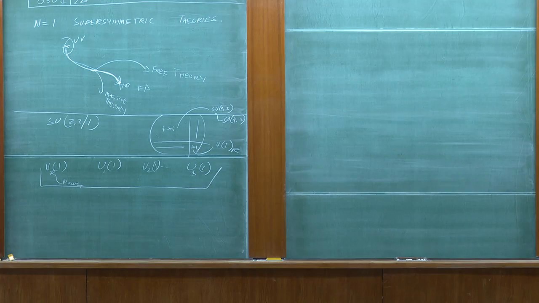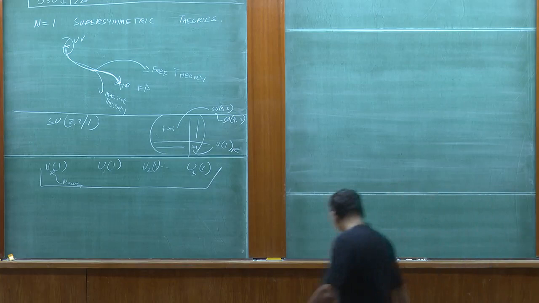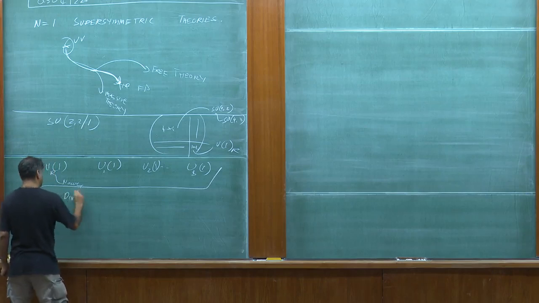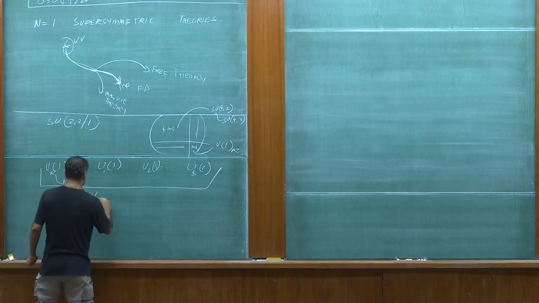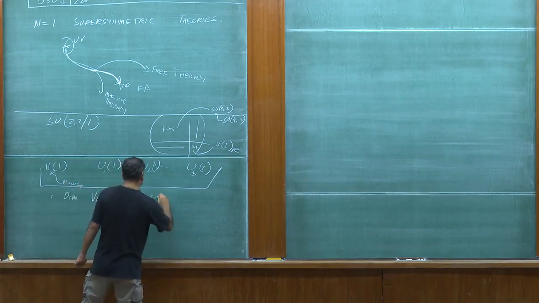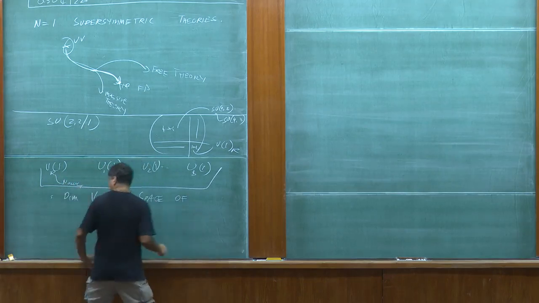So we have an S-dimensional vector space of possible non-anomalous symmetries.